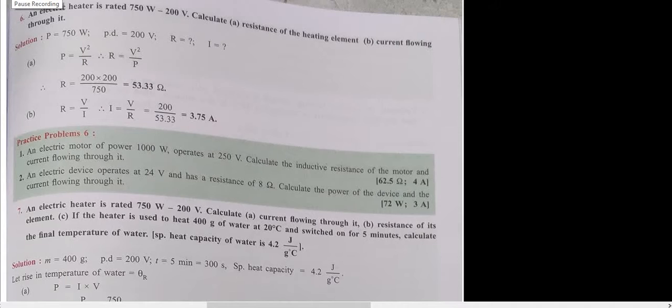So here our sum says an electric heater is rated 750 watt, 200 volts. Calculate the resistance, that is R, of the heating element and the current I flowing through it. So power is given, potential difference is given, we have to find out resistance and current.